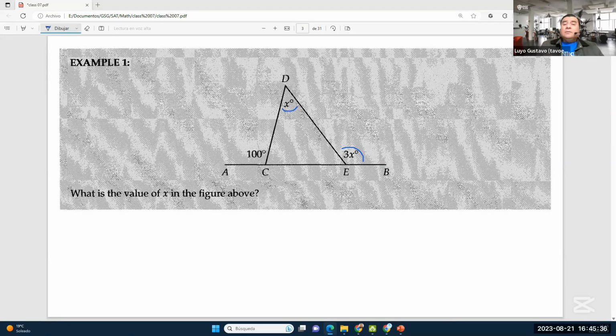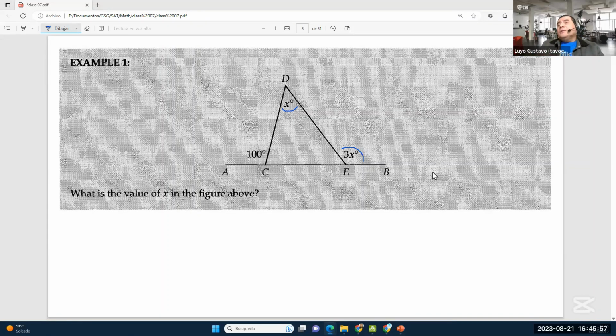Okay, Madeleine, good calculation. Let's see how we calculate this. So first we are saying that in this triangle, the exterior angles comply with the exterior angle theorem.